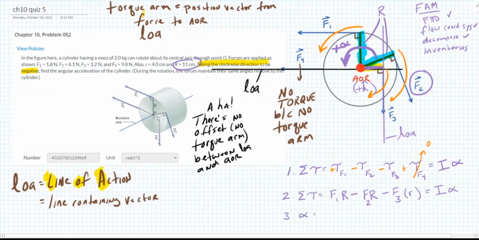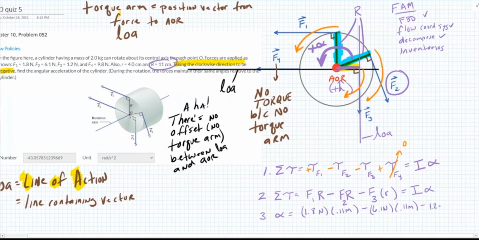So F1 is 1.8 newtons, times the flywheel radius, which is 0.11 for me, minus F2, which is 6.1 newtons, times the torque arm for F2, which is that same radius, 0.11 meters, minus F3, which is 1.2 newtons, times F3's torque arm, which is 0.04.